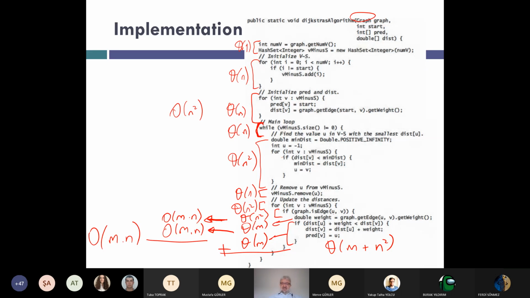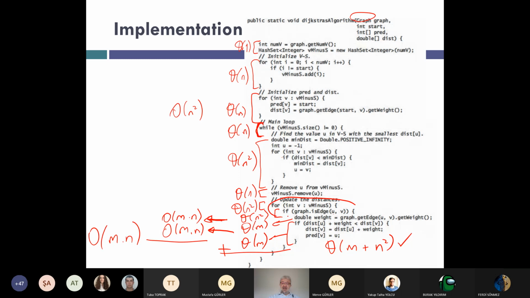So adjacency matrix performs a lot better than adjacency list, because of this implementation. If we do not perform this operation as in here, adjacency list would be better, right? First, we find the adjacent vertices and check whether each is in V minus S or not, which would be better for adjacency list. So you have to be careful in your implementation.